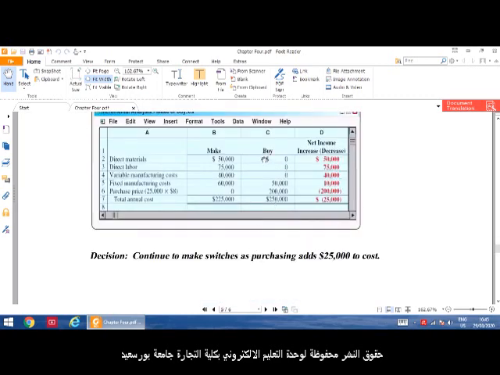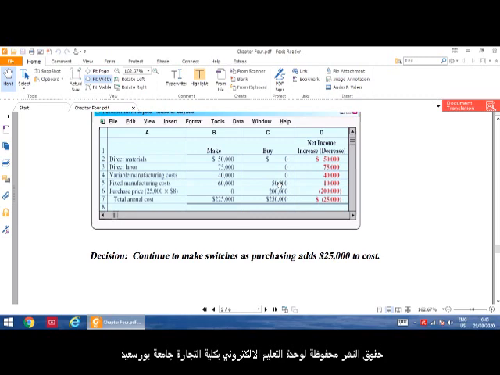Under the second alternative, when we buy the components: direct material, zero. Direct labor, zero. Variable manufacturing, zero. Fixed manufacturing cost, only $50,000.